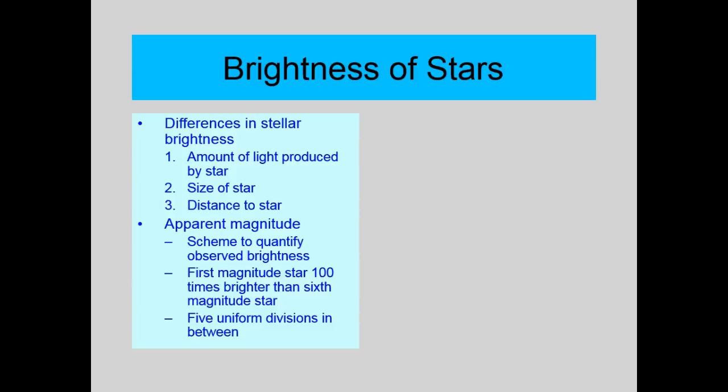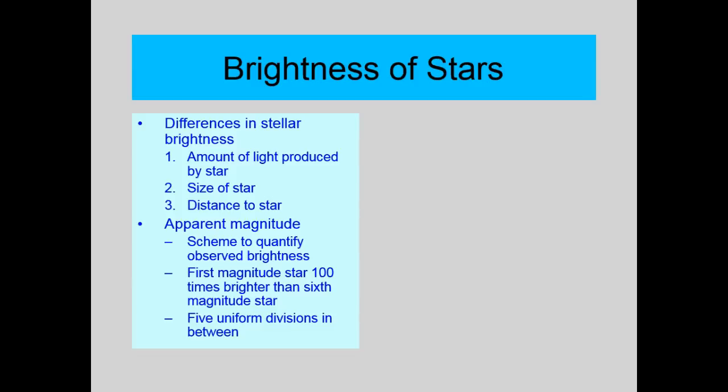There is a scheme that's been used to quantify this observed brightness, and you just take the sun completely out of it because it would wipe out everything. The first magnitude star is 100 times brighter than the sixth magnitude star. This is leaving off the sun altogether.